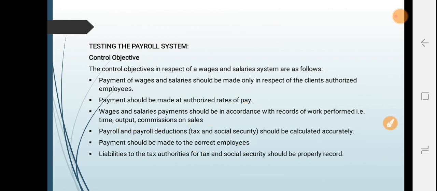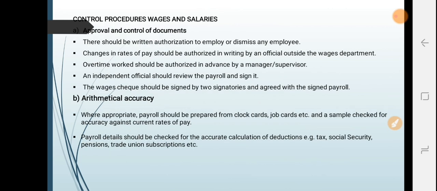Okay, well, we'll move on to the control objectives of payroll system. So here the control objective includes, the first one is approval and control of documents, that is there should be a written authorization to employ or dismiss any employees. Okay, then changes in rate of pay should be authorized in writing by an official outside the wage department. Okay, this has to be done.